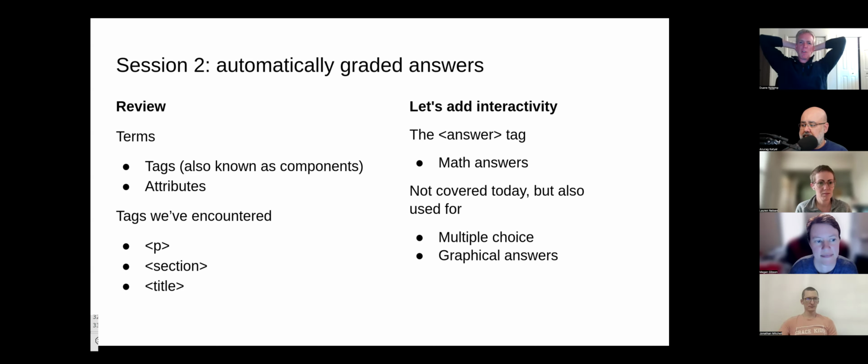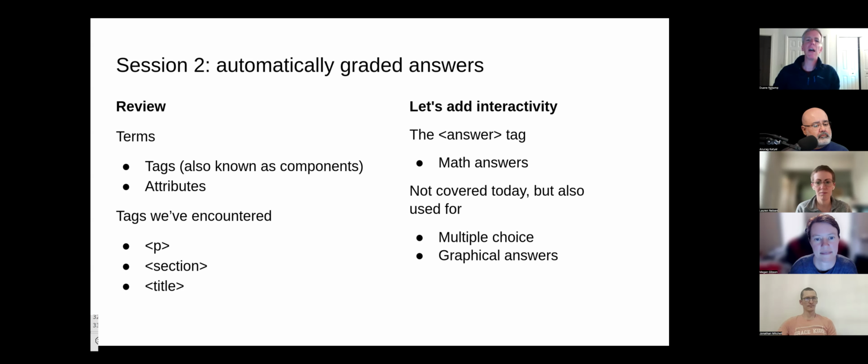And now what we want to do in this session is to talk about the answer tag to add interactivity. And there's lots of different kinds of answers you can do. We saw at the introduction that you could do graphical answers, multiple choice answers, lots of different kinds of things. I'll just talk about one just to keep it brief so you can play around with it. So I'm just going to talk about math answers.